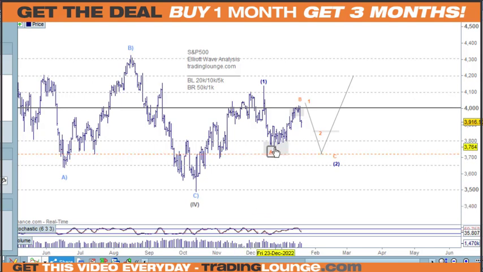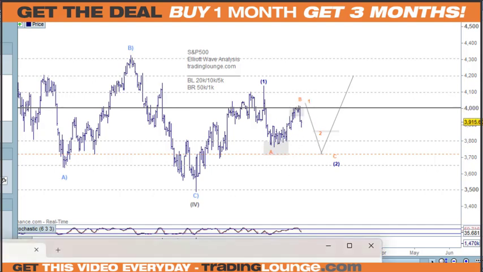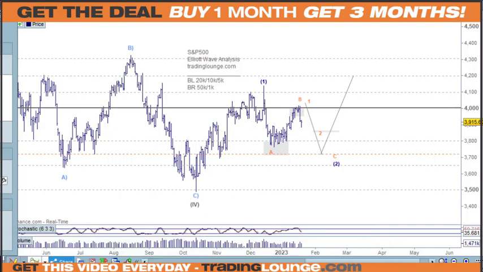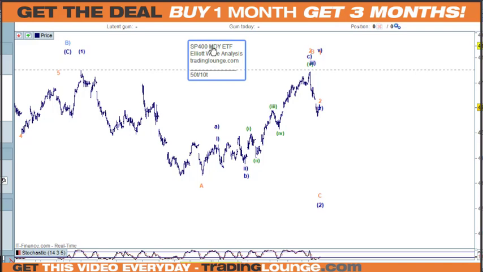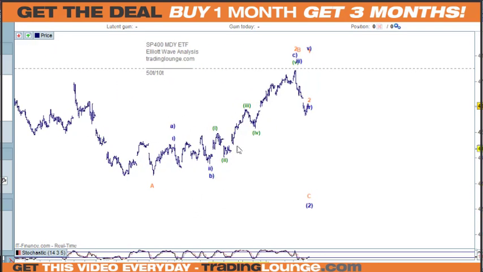Now, this particular move up through here, as I've always said, doesn't count very well, and you can interpret it in different ways. One of the ways that we looked at with the S&P 500 here had it quite simple.